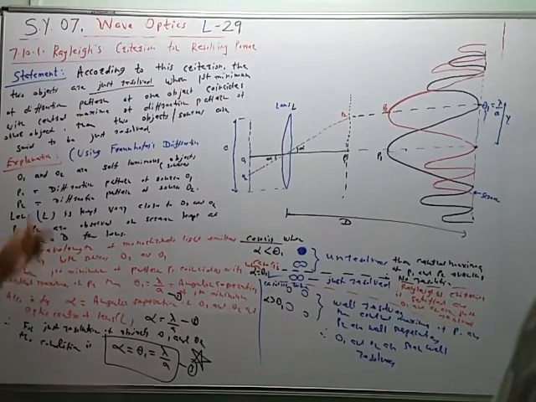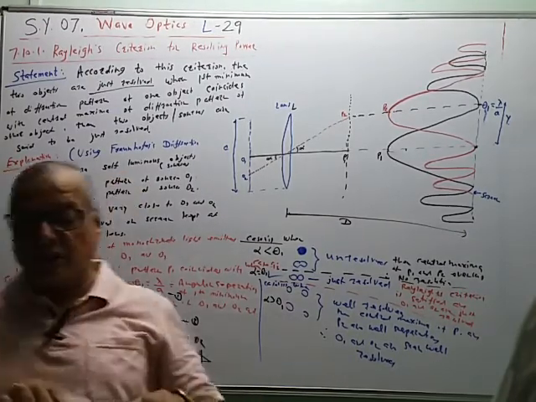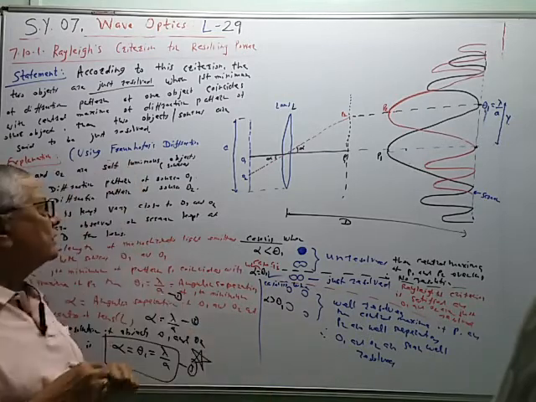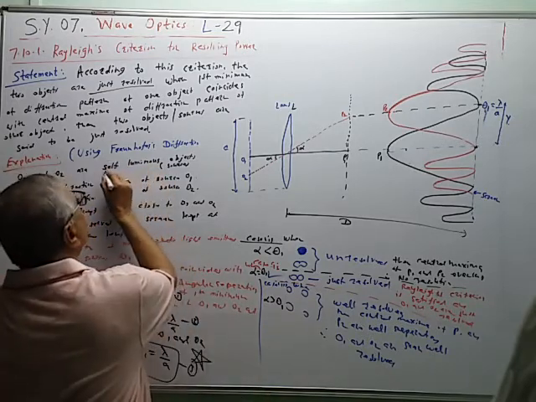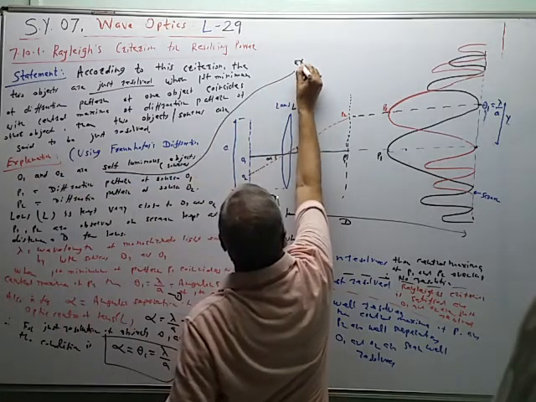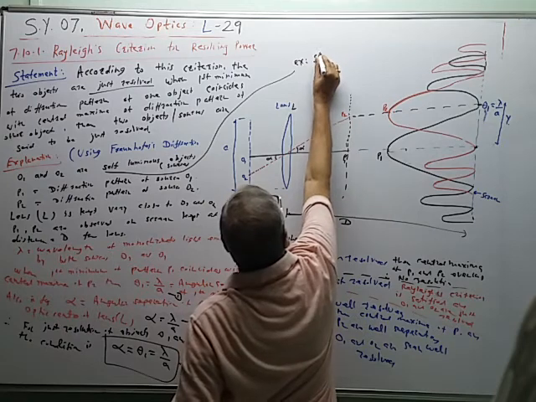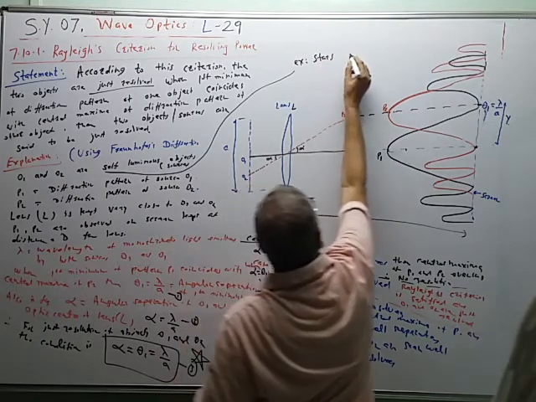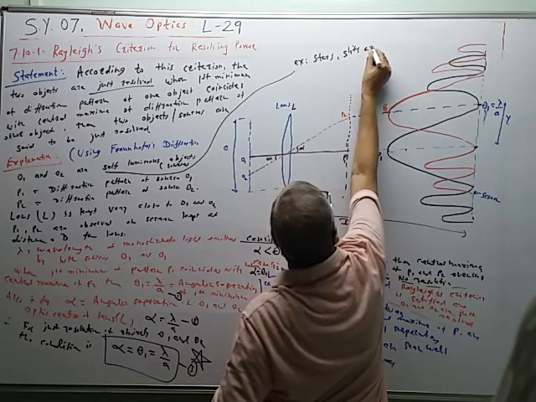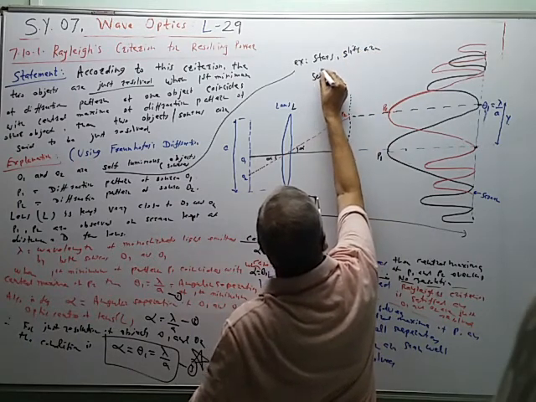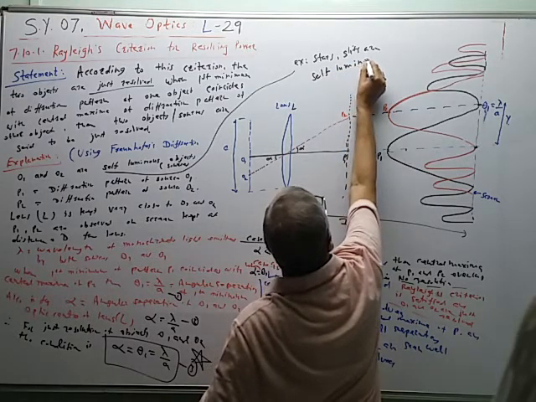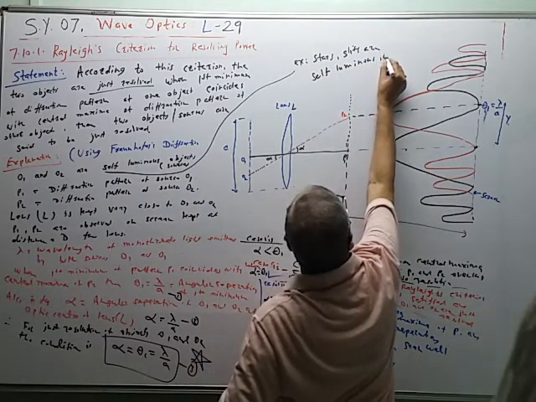Here we are using O1 and O2 as self-luminous objects. Self-luminous objects means they are stars or slits. So what is meant by self-luminous objects? For example, stars and slits are self-luminous objects.